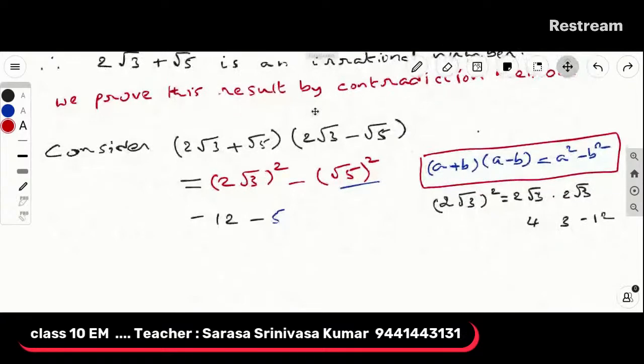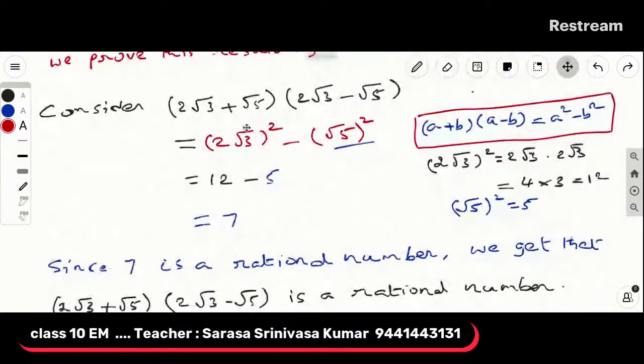After proving this result, we consider this product: (2 square root of 3 plus square root of 5) multiplied by (2 square root of 3 minus square root of 5). We compare this with (a plus b) multiplied by (a minus b), which can be written as a square minus b square. Using this formula, we write the product in the form of a square minus b square.